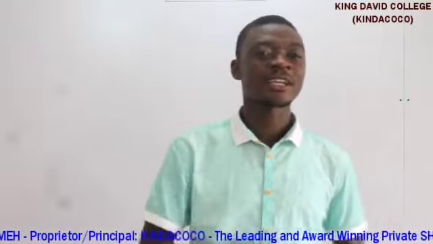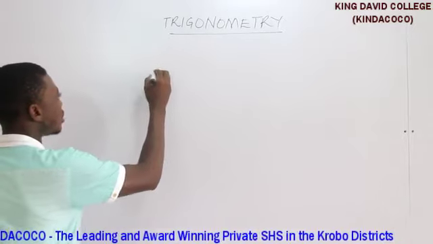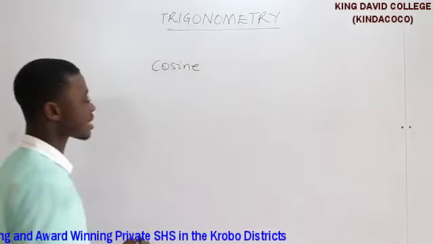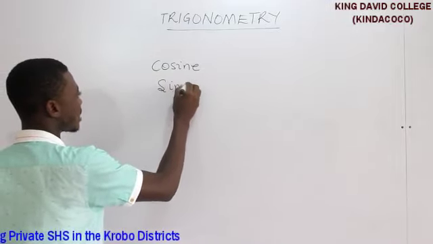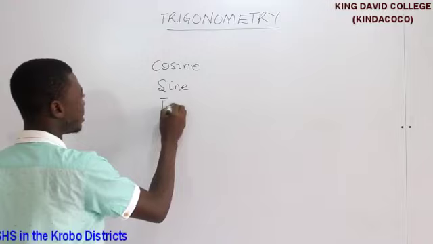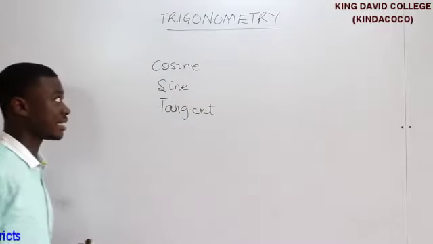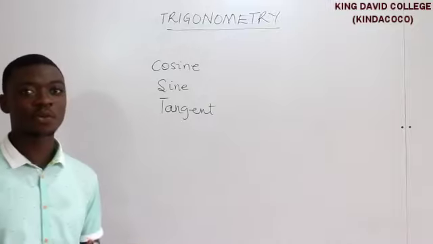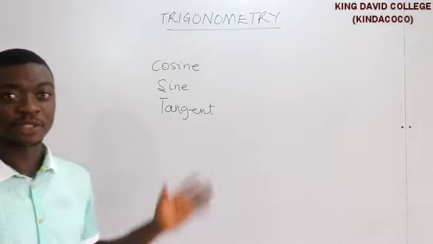Okay. So now let's take and look at certain trig identities we have. For instance, you might have heard of cosine. Okay, cosine, and then we have sine, and then we have tangent. These are the three basic ones that in this scope of lesson we shall be looking at.